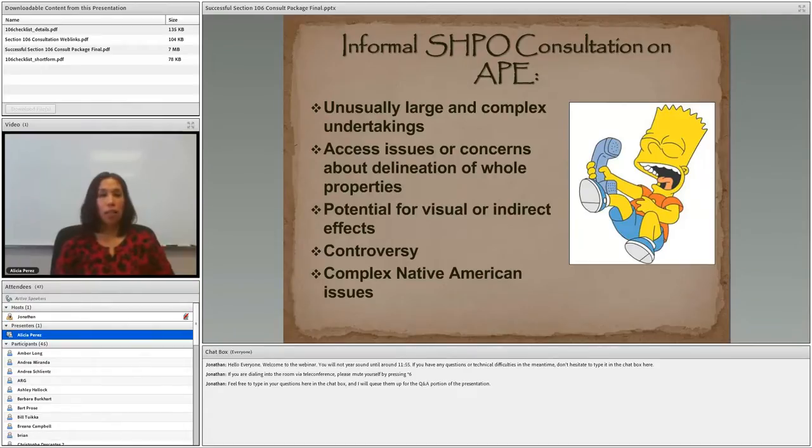This isn't always necessary, of course, and we do have quite a workload, so we don't always encourage it. But there may be cases in which you want to give us a call. Some cases may include unusually large or complex undertakings, access issues or concerns about delineation of whole properties, potential for visual or indirect effects, of course, controversial undertakings, and complex Native American issues.